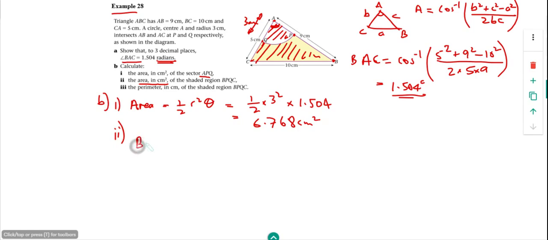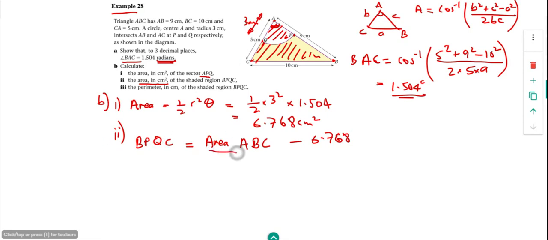We're looking for BPQC. The area of that is going to be the area of the full triangle, so area of ABC, minus the area that we've just found, so minus the area of the sector there, minus the 6.768 that we've just found.